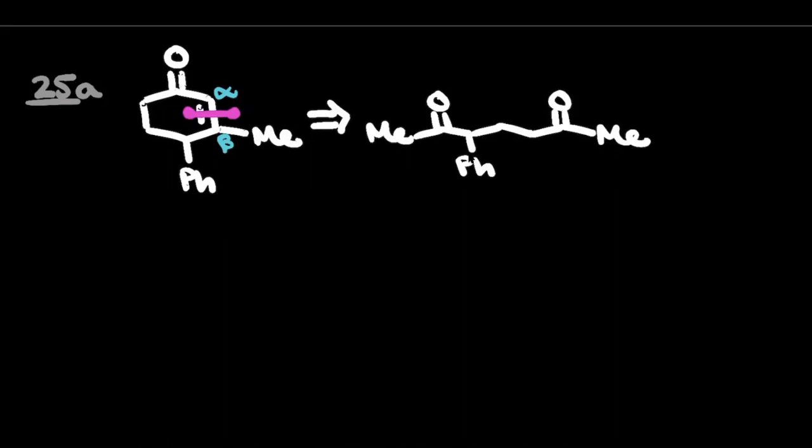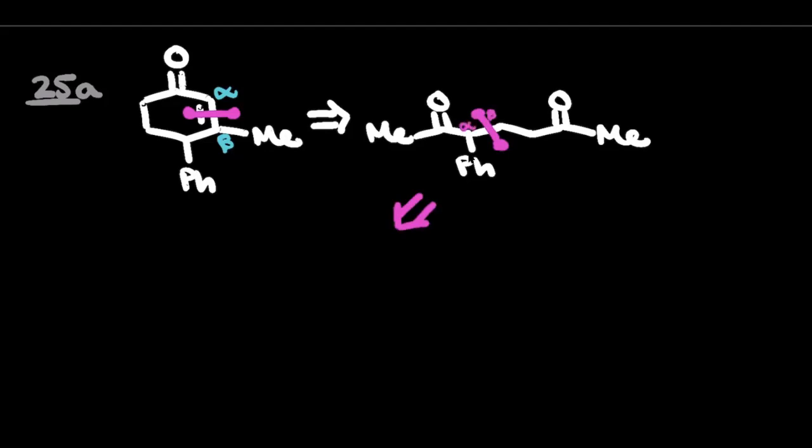Now from this, there are actually two possible ways you can go about this one. Either one is fine, either one would lead you to that same product. If you decided what your starting enolates could be, you can cut over here. By cutting over here, you would see that it would be alpha and beta to these guys.